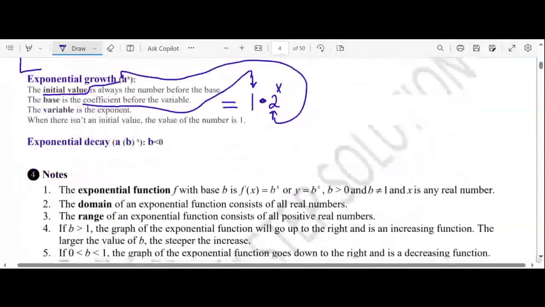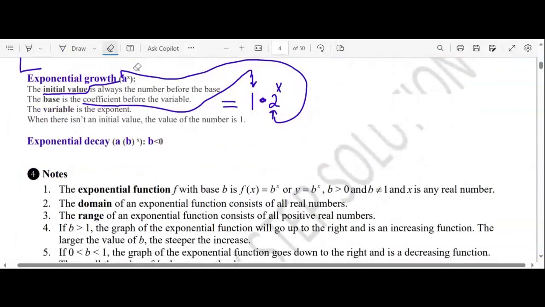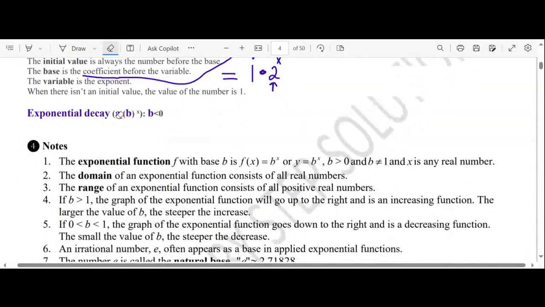Okay, let's move on. So another example here, I have A times B to the power of x. B has to be less than 1. In this case, it's going to be what? Decay. Yes, decay means going down, right? Like sometimes radioactive material.